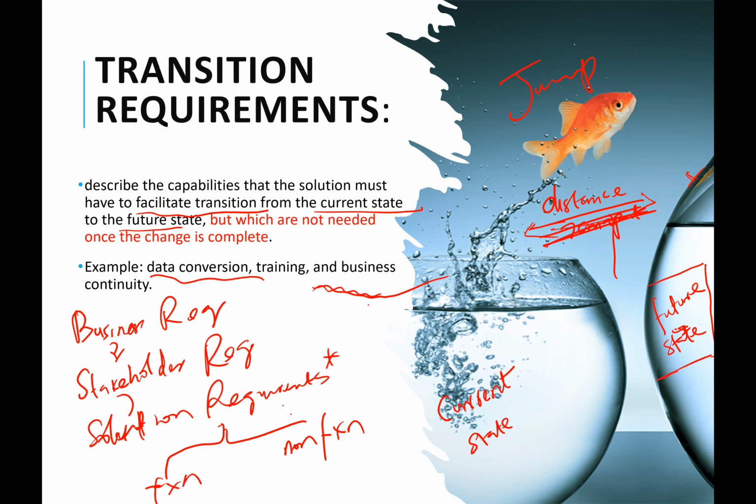So is it transition requirements only for the business analyst consumption, or does he have to get approval from a stakeholder? Oh, so the transition requirement is not just for the business analyst consumption.